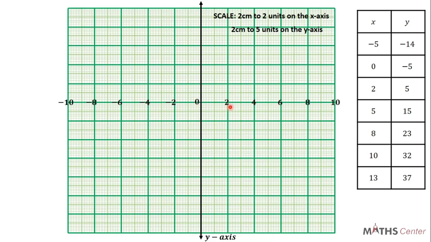So here will be 0, we have 2, 4, 6, 8, 10 at the positive side, and -2, -4, -6, -8, and -10 on the negative side. We can see that we can plot -5 because -5 will be between -4 and -6. So we can plot -5. But we can't plot 13 because when we draw the y-axis this way, the highest value of x on the x-axis will be 10.